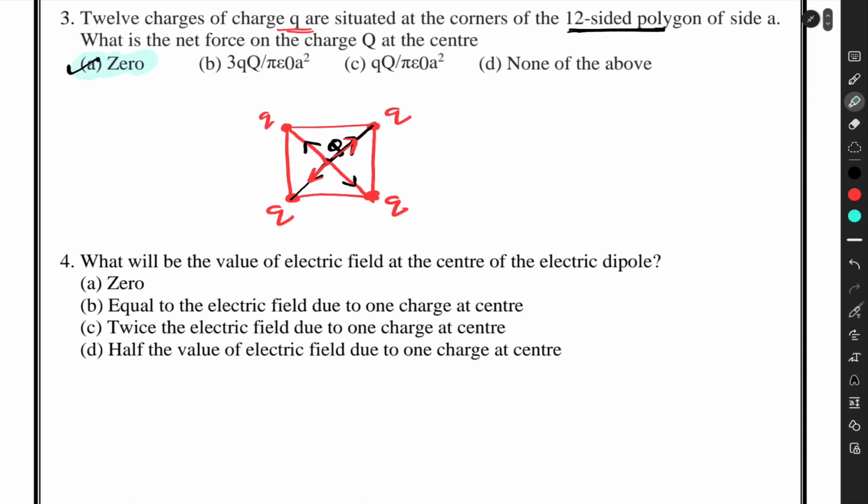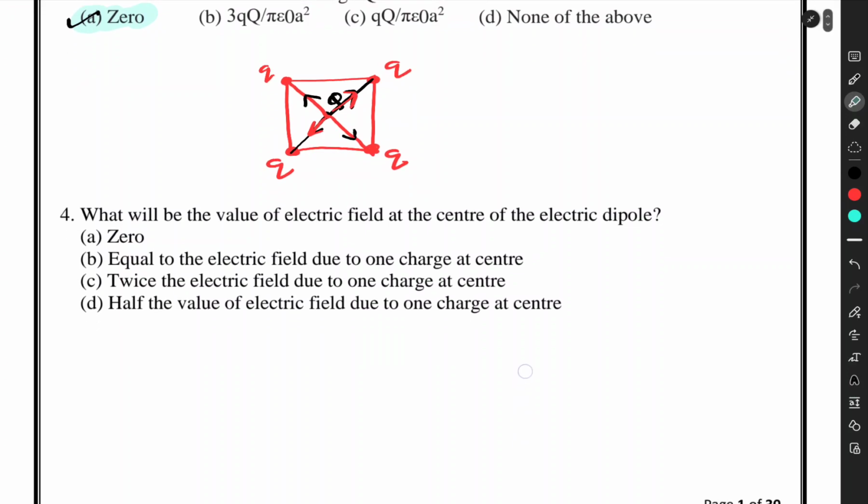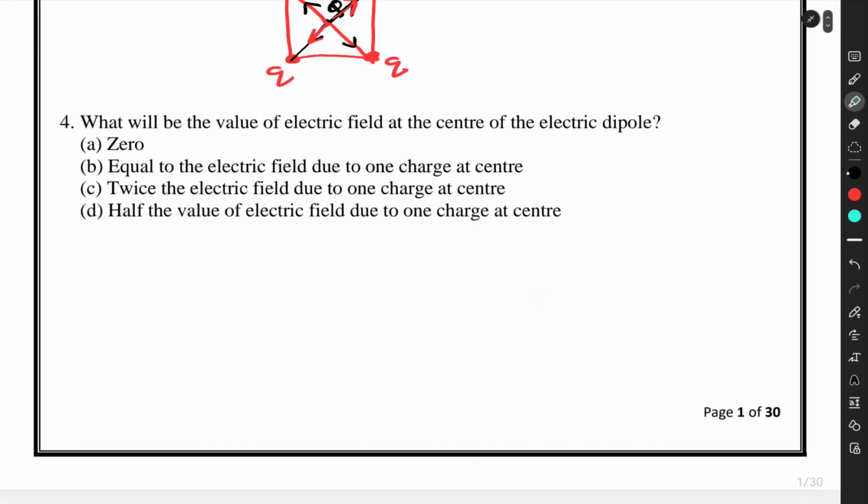Next, moving on to, what would be the value of electric field at the center of an electric dipole? For this you should know some basic concepts. What is an electric dipole? See, electric dipole means equal and opposite charges, plus q and minus q, separated by a small distance.